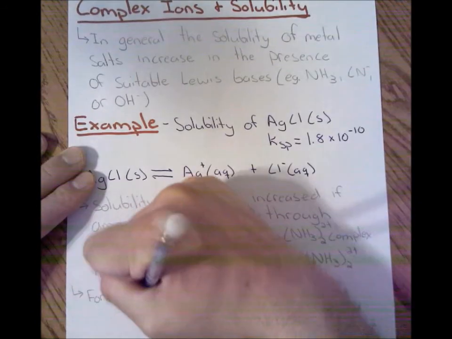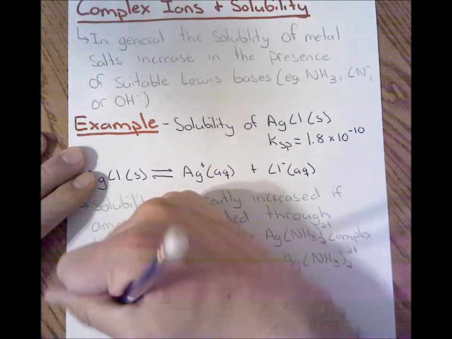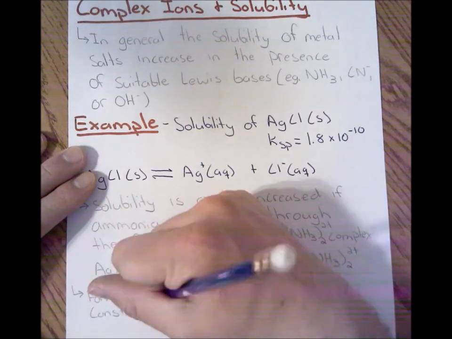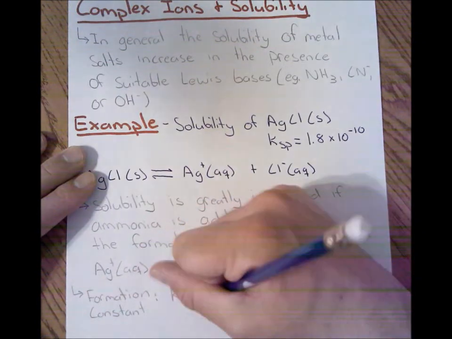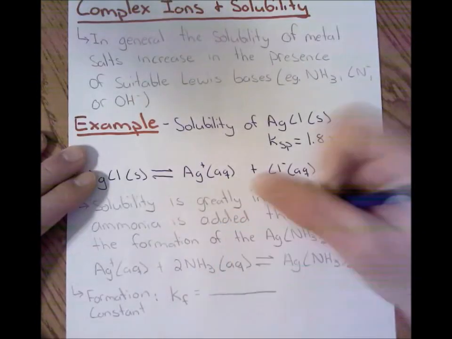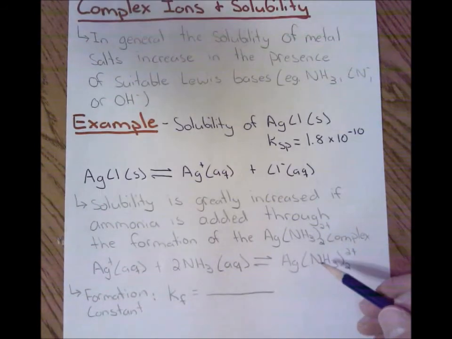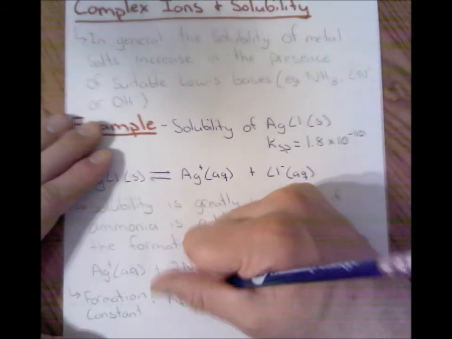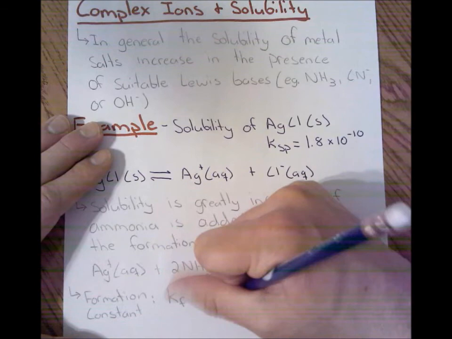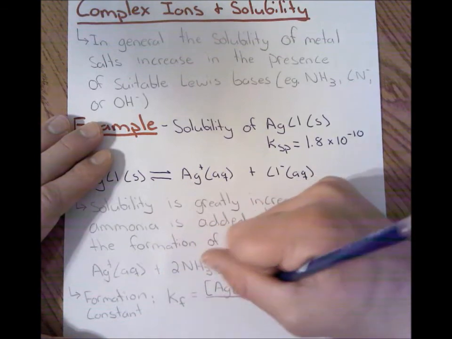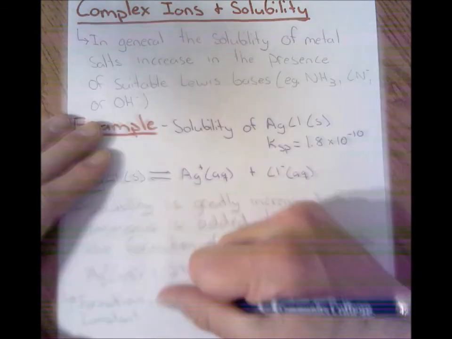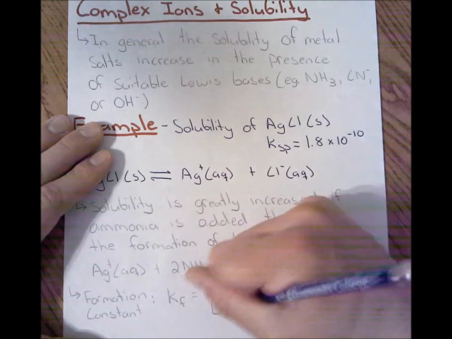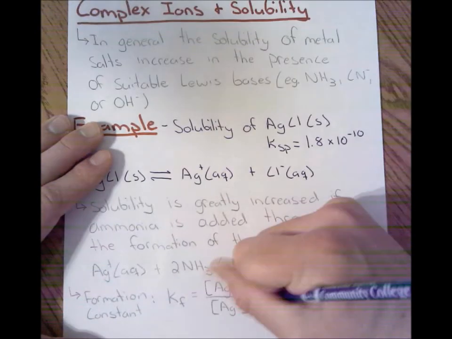Now Kf is going to have our metal ion complex, so this Ag(NH3)2+ divided by our Ag+ times NH3 squared.